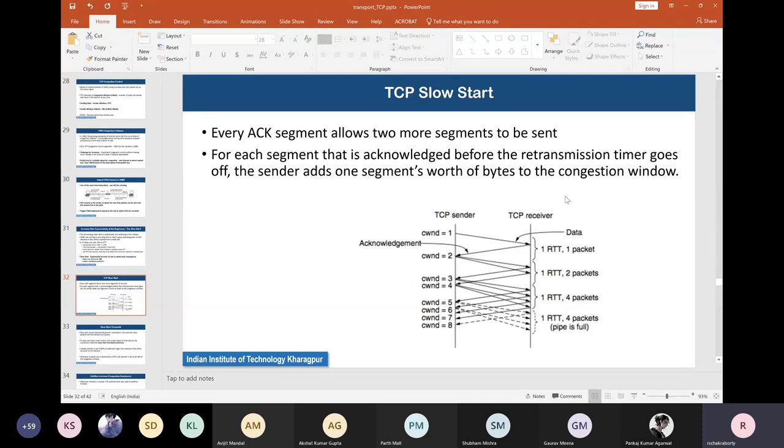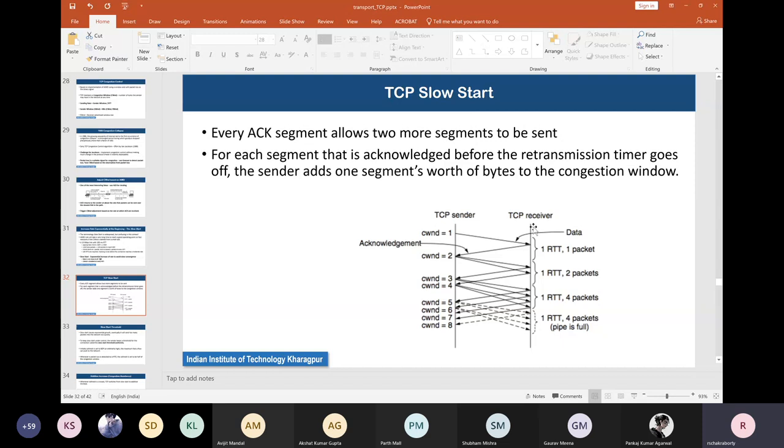Very carefully look at this plot, because just after a few slides we are going to look at something else, which is slightly different from this. This is not AIMD. This is slow start exponential increase. This sounds like an oxymoron. It doesn't make much sense really, but this is what it is.